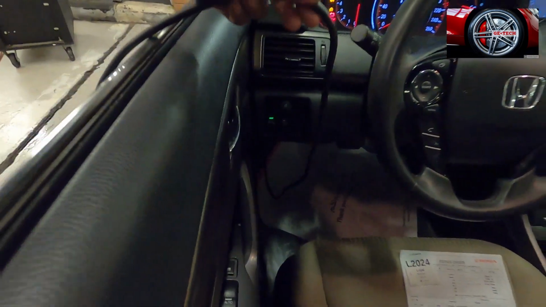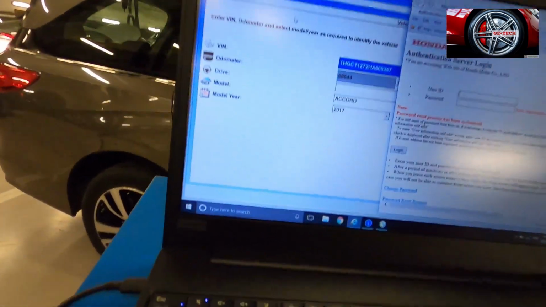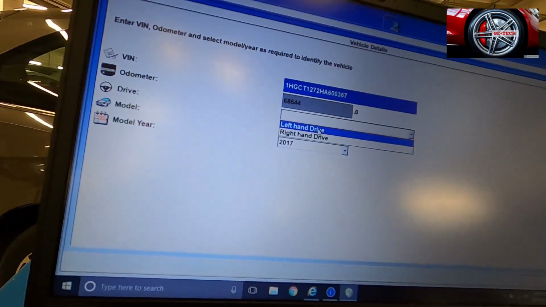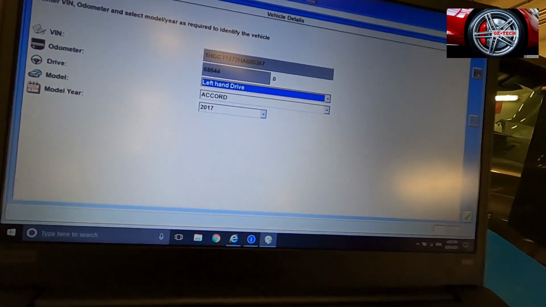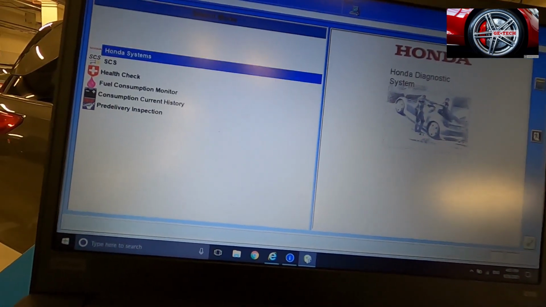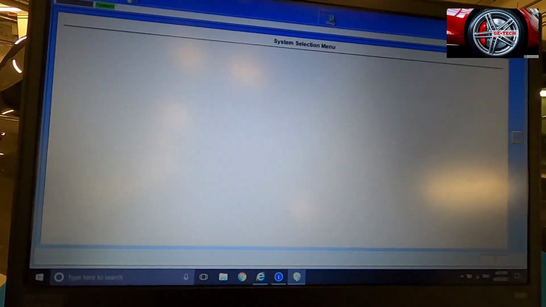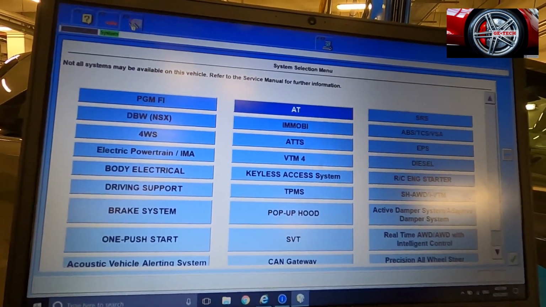Connect the HDS again. Disconnect the vehicle. Go to the system, and again go to transmission.